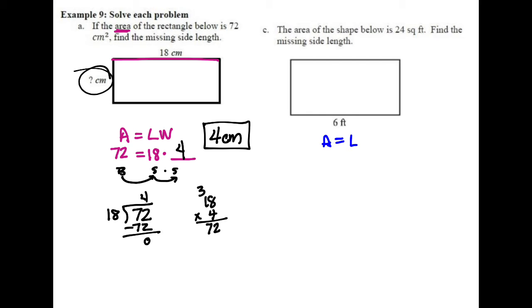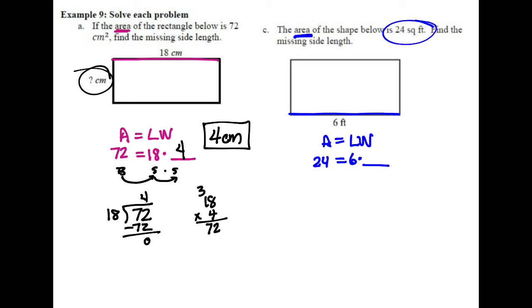So let's start with our rectangle formula of area, right? Fill in everything that we know. We know the area is 24 square feet, so that's going to go here. And we know the length is 6. So what's the width?